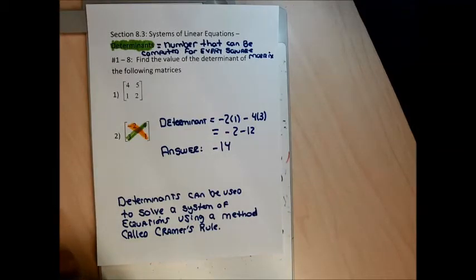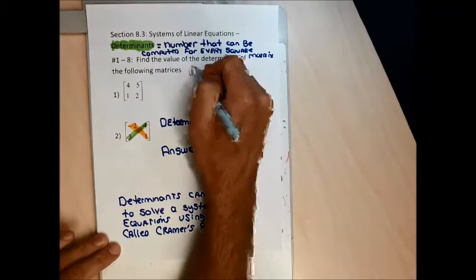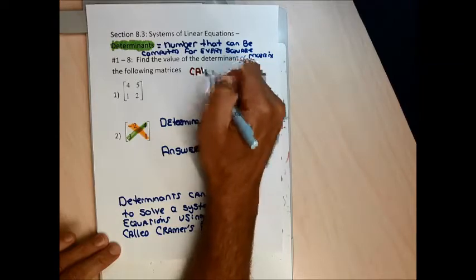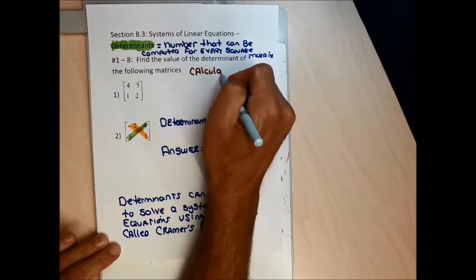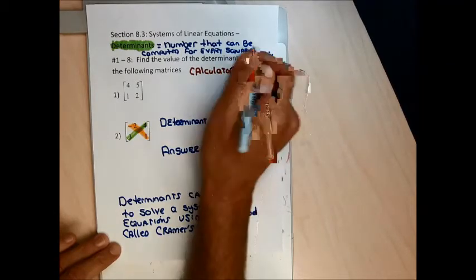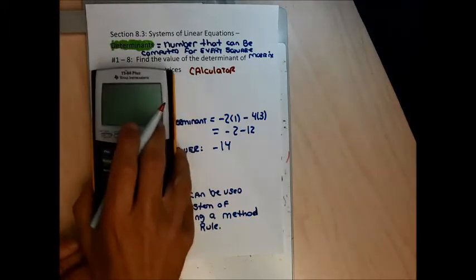That's not particularly hard to do by hand, but I certainly can do it on my calculator. To do it on my calculator, it's similar to doing the RREF that we did in the last section. On my calculator, first I'm going to have to enter the matrix.